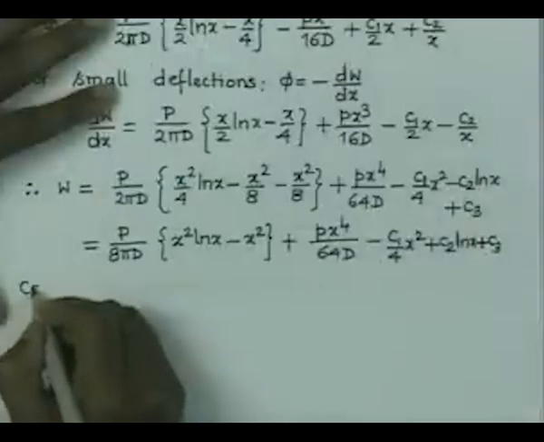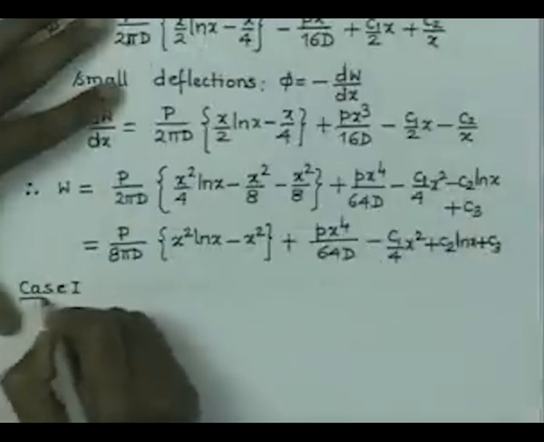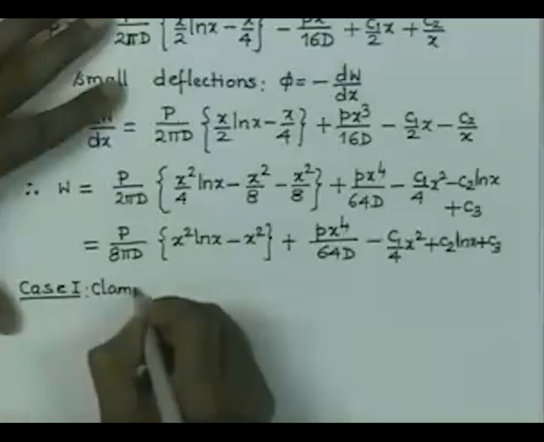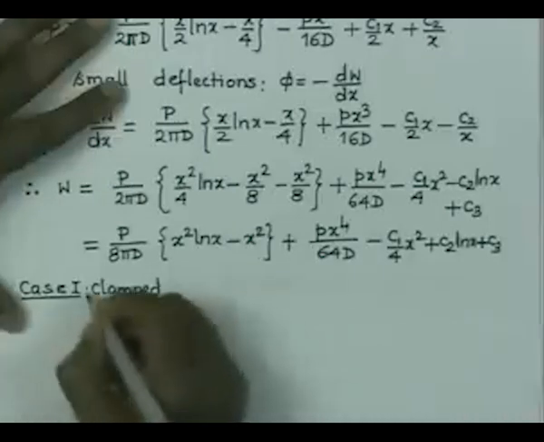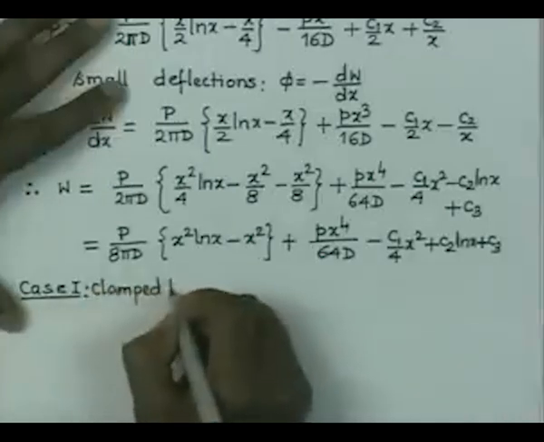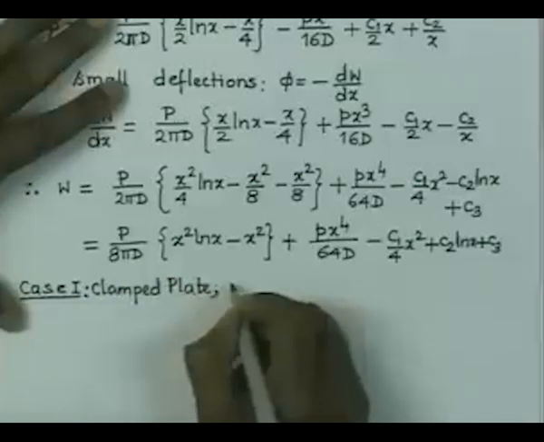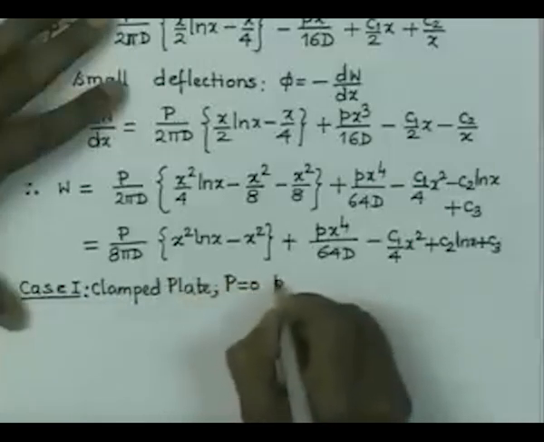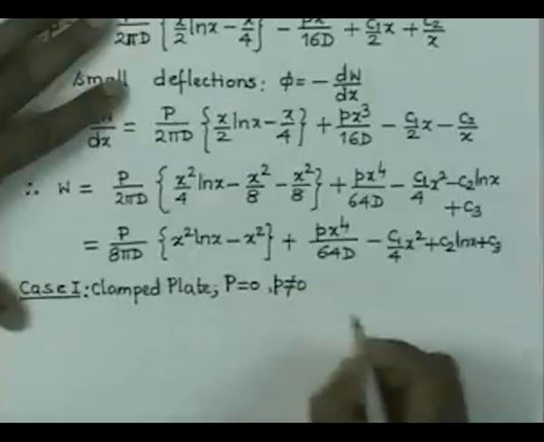So, we have now a case, here it is clamped, further we have capital P equal to 0 and small p is not equal to 0.